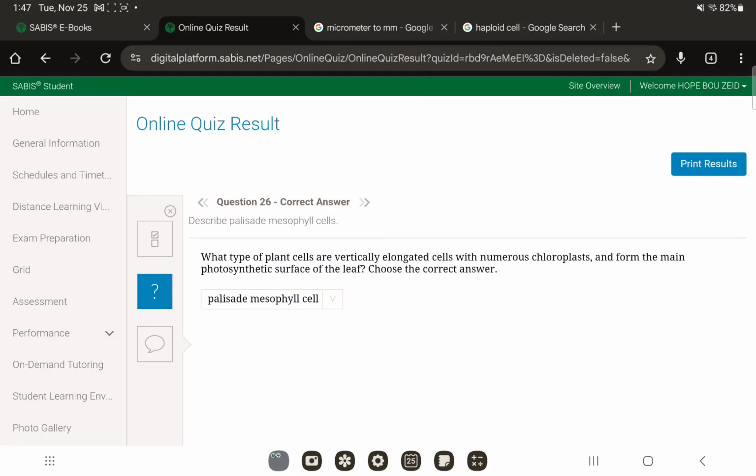What type of plant cells are vertically elongated cells with numerous chloroplasts and form the main photosynthetic surface of the leaf? Palisade mesophyll cell. Palisade mesophyll cells are on the surface of the leaf and are the cells where most of the photosynthesis actually happens.